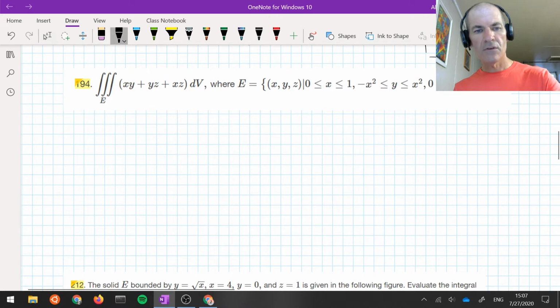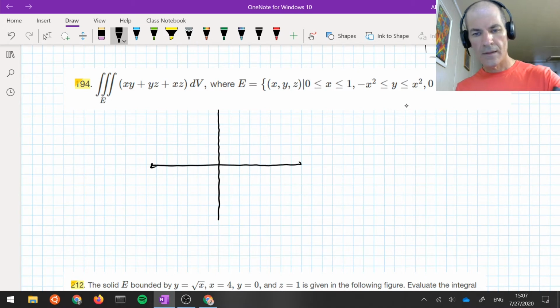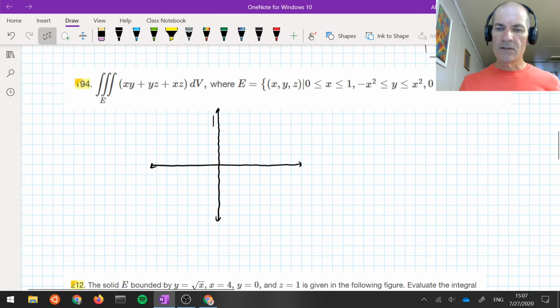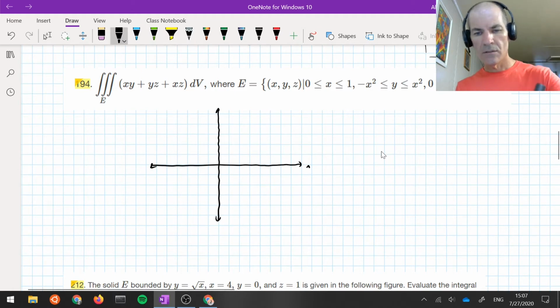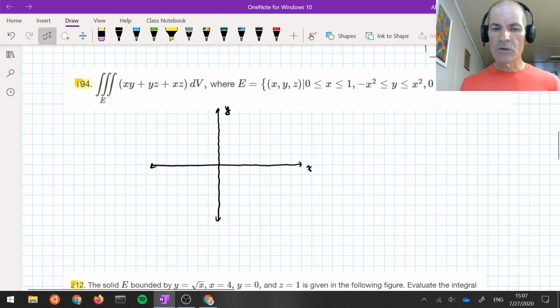So let's give ourselves an XY plane to work with, like this. And what we see is in the Y direction, let me label my axes here. In the Y direction, we are moving from a parabola opening down to a parabola opening up.